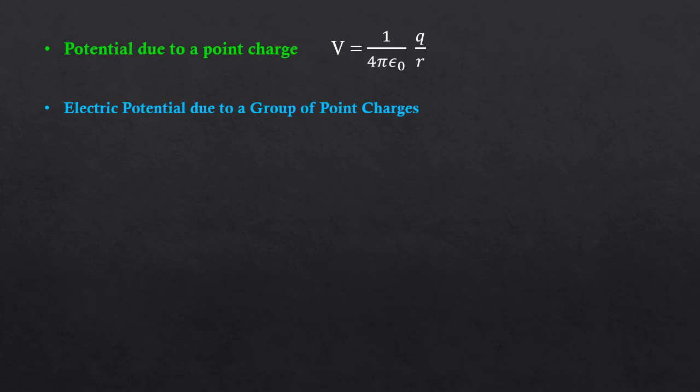So in today's class, we have discussed the electric potential due to three charge configurations. First, the electric potential due to a point charge, then a group of charges, and then an electric dipole. First we have seen that the electric potential due to a point charge is given by V equal to 1 by 4 pi epsilon naught Q divided by R. If we have a group of charges, we simply add them algebraically and we get V equal to 1 by 4 pi epsilon naught, sigma i equal to 1 to n, Qi divided by R_iP.